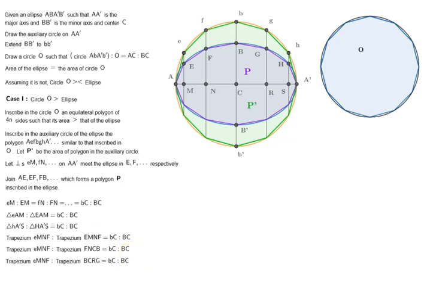Again and again. Or we can say that they are all equal to the ratio lowercase bc to AC. Instead of that, we can say capital AC is to capital BC. Why? Because remember, in the auxiliary circle, lowercase bc and AC are both radii. So that means they are equal to each other.